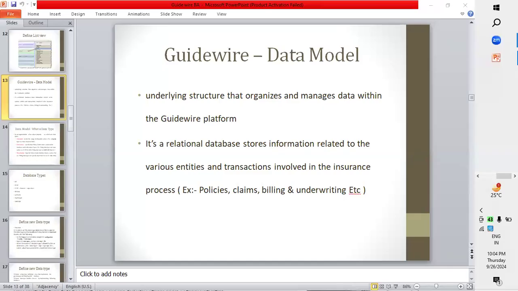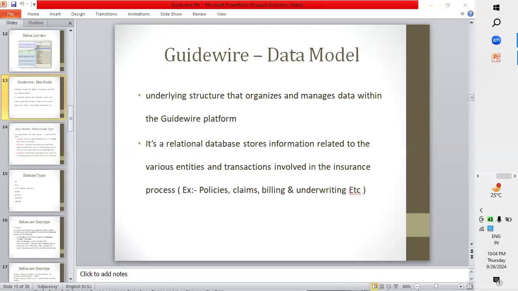Right. What we discussed in the previous session was the data dictionary part. Followed by this, we discussed the data model. When it comes to the Guidewire data model, as far as the data dictionaries are concerned, because different data tables are being created, it's always important for us to mention the data models.